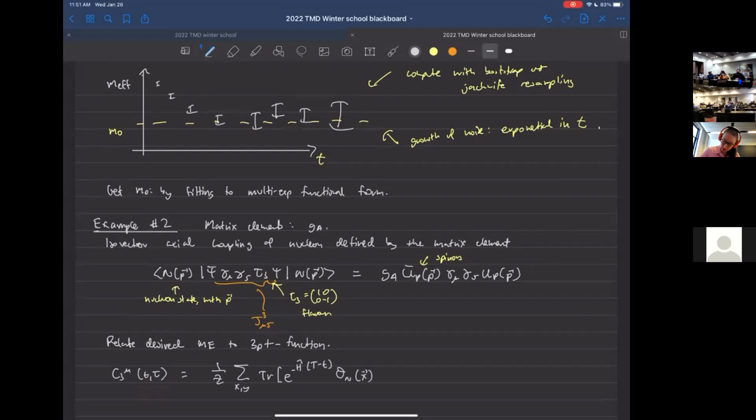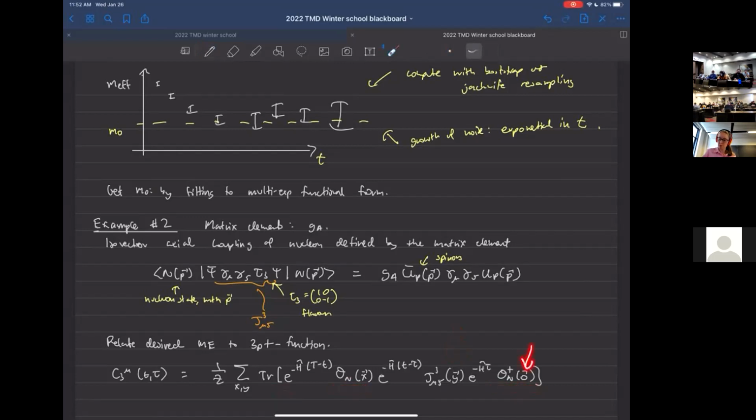I'm going to have our nucleon operators, and I'm going to insert also our axial current. So this looks a lot like our 2-point function. We have here our nucleon creation operator, and here our annihilation operator. In the middle, we've inserted the axial current.